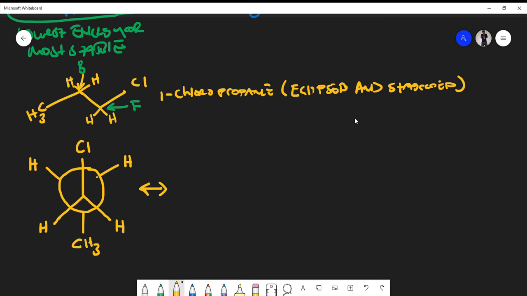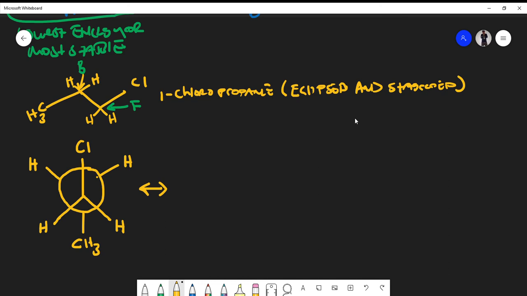Now, with the eclipse version being in the mix, we're going to rotate 60, and then 60, and then 60, and then 60. So in other words, there's the first staggered version, as you can see. Now we're going to move the carbon chain in a clockwise direction 60 degrees.